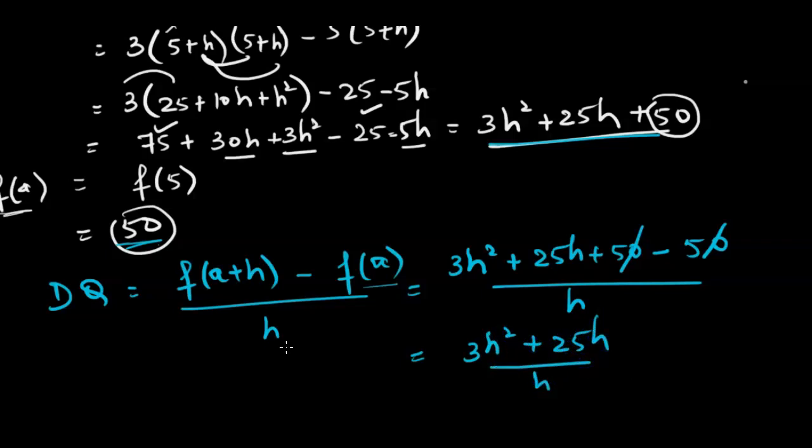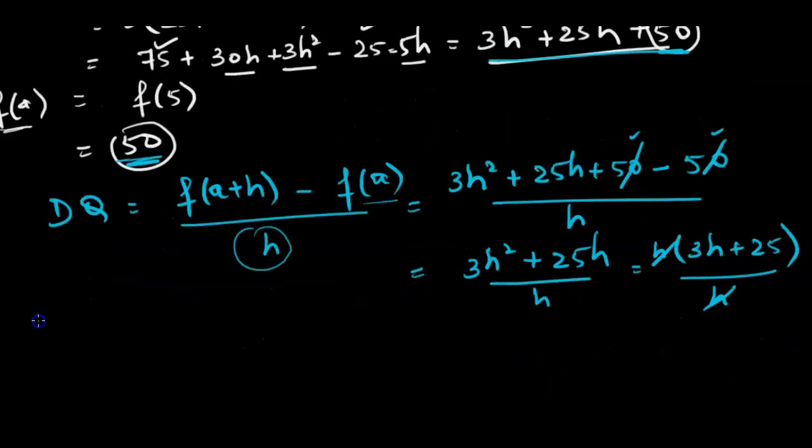Our goal is to get rid of this denominator h, and we can only get rid of it if these numbers get cancelled out. That's why I said that the constant value here and the value here should be the same. Now we can factor h out from the numerator, so we'll be left with 3h plus 25 divided by h. This h and this h get cancelled. The DQ equation that we have finally got is 3h plus 25.